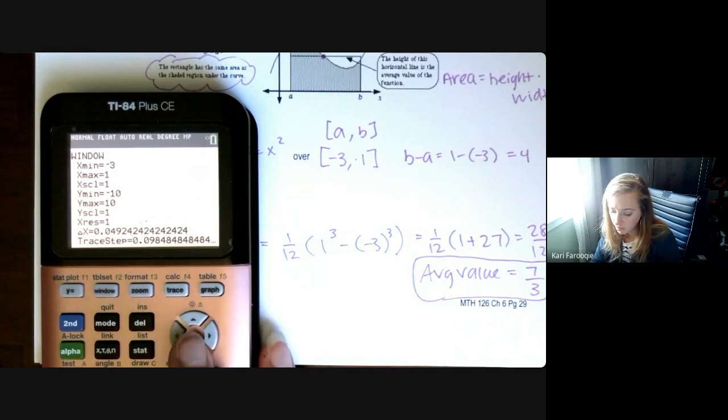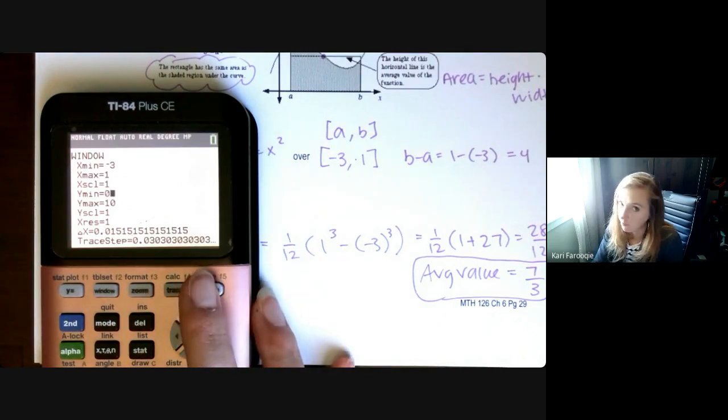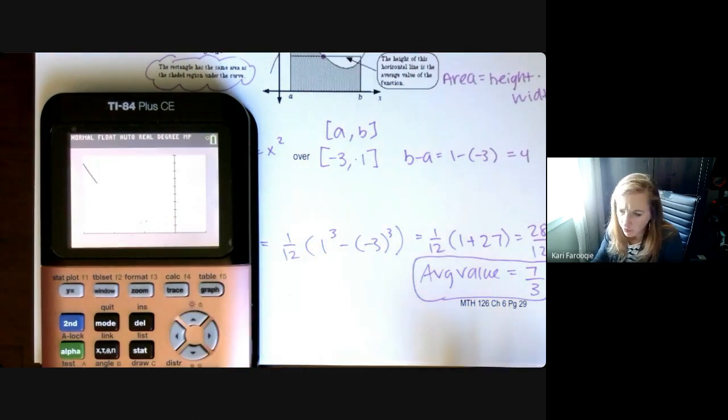So I guess my y max is good. If I'm going from -3 to 1, I'm only squaring values, so they're only going to be positive. We don't really need this y min to be -10. We just set this to be equal to 0, and we should be good to go. All right, ready? Okay, so I'm going to graph the graph.